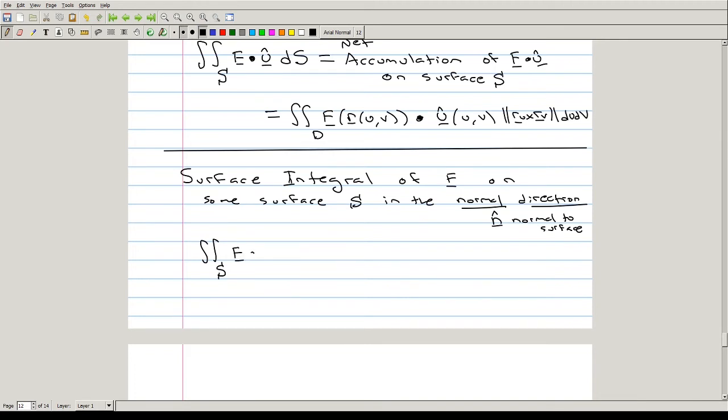The surface integral of f dot n hat ds can be rewritten using the definition of n hat.